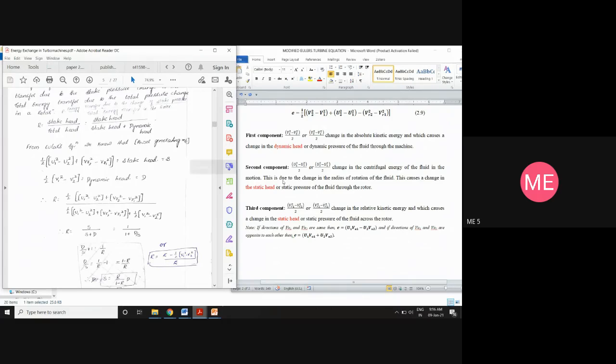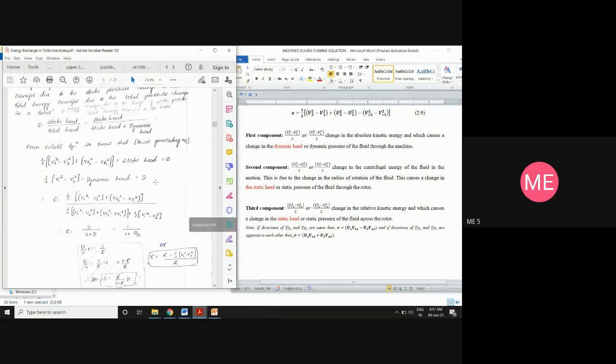What is the static head? U1 square minus U2 square plus VR2 square minus VR1 square, by 2, is called the static head. That's what I have written here. And the dynamic head is given here: V1 square minus V2 square by 2. That is the dynamic head. So how did we get the static head and dynamic head? We got them from the modified Euler's turbine equation.